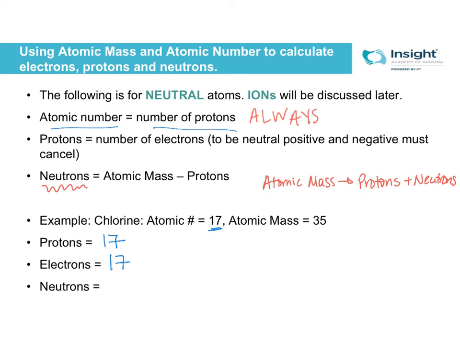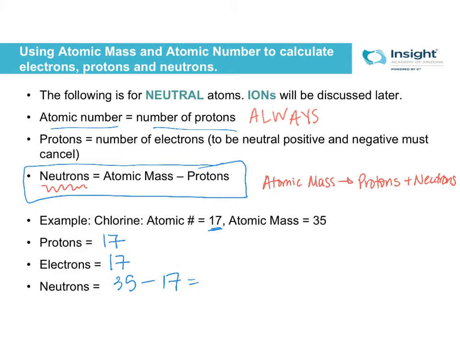And lastly, our neutrons: we can use this relationship between mass, protons, and neutrons to calculate how many neutrons we have. We take that atomic mass, the 35, subtract our 17 protons, and that gives us 18 neutrons.